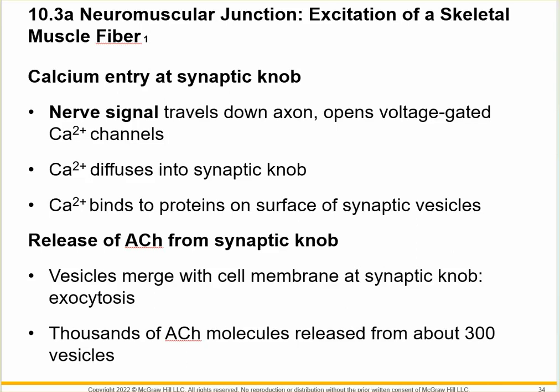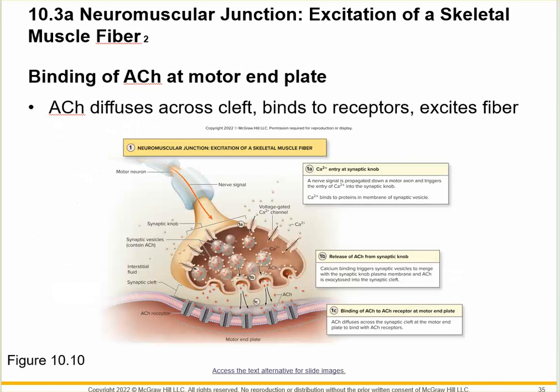So nerve signal travels down the axon, voltage-gated calcium channels open, calcium goes in, binds to the surface of the vesicles, it releases acetylcholine into the synaptic cleft. Acetylcholine molecules are released, and it binds at the end plate, causing excitation of the skeletal muscle.